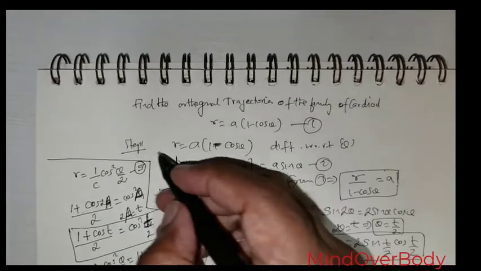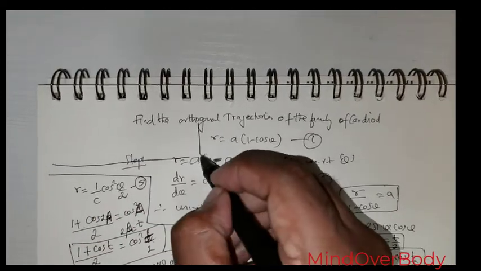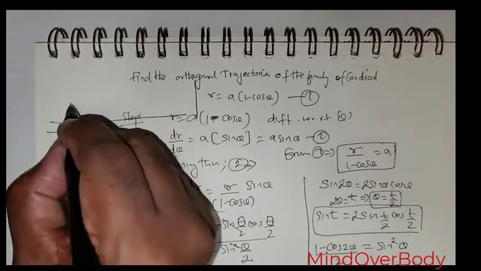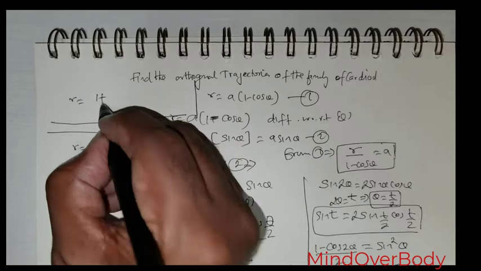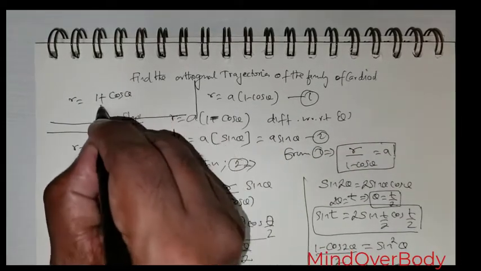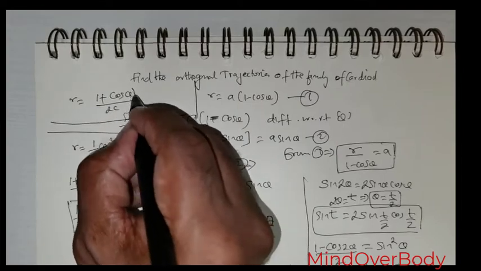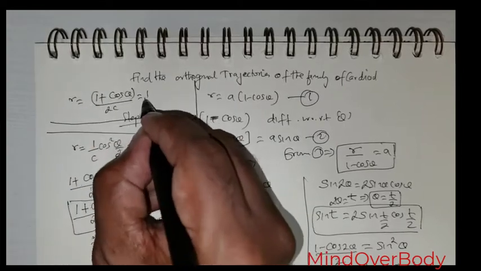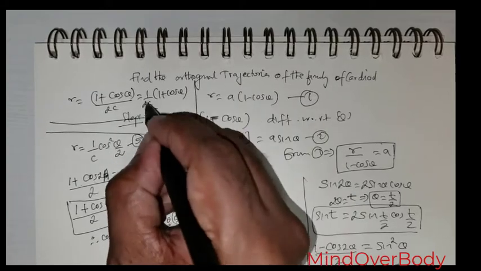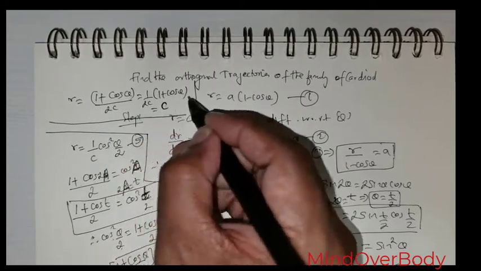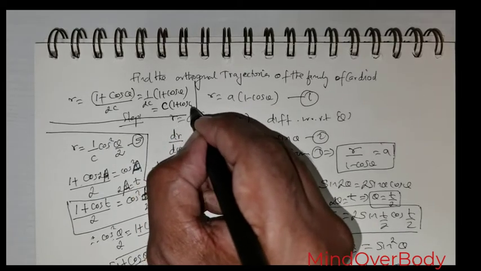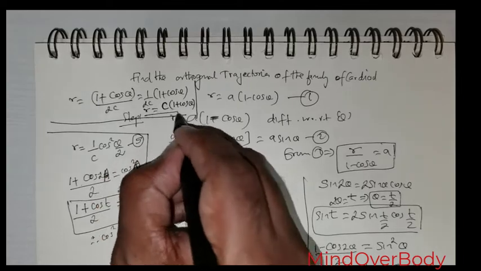Now let me write that down here, the final one. So what we have got here, r is equal to (1 + cos theta) divided by 2 times c. So I want to replace this as 1 over 2c times (1 + cos theta), where 1 over 2c can be replaced as some arbitrary constant, capital C. So this is going to be C times (1 + cos theta) is equal to r.